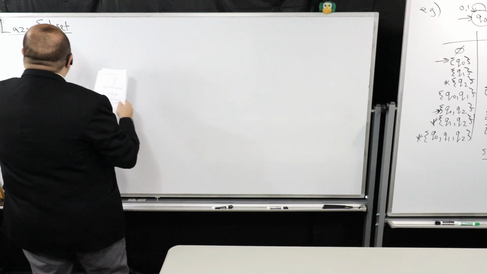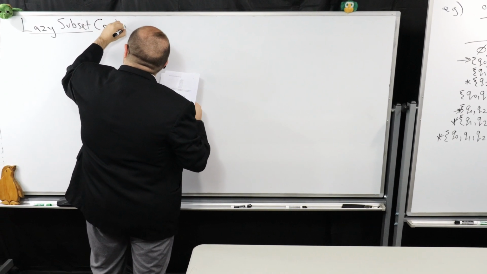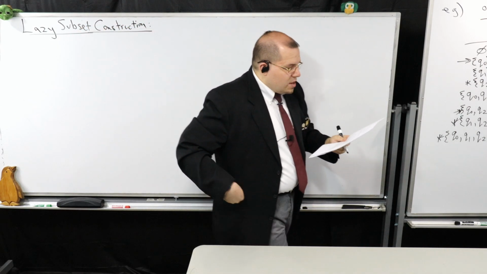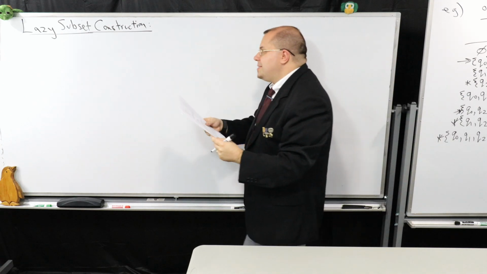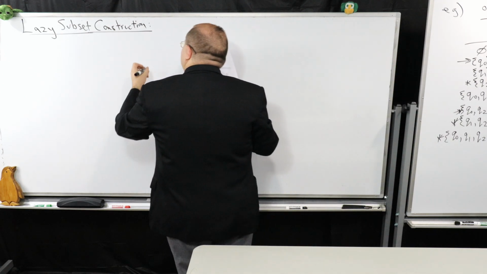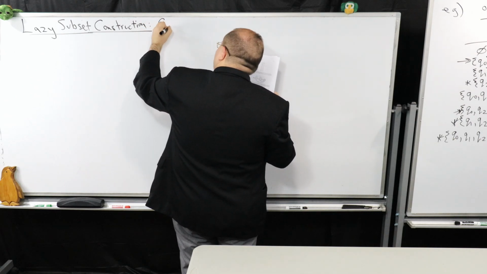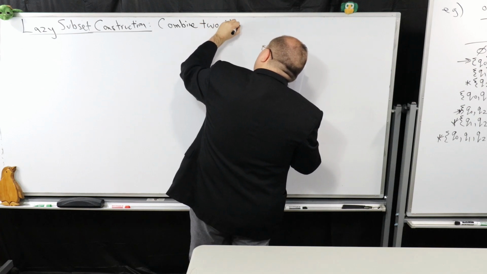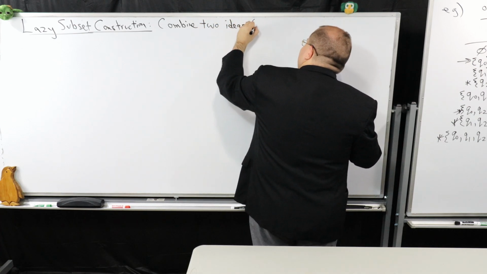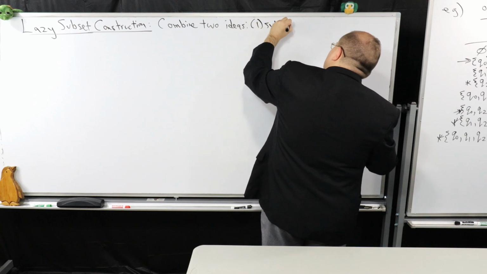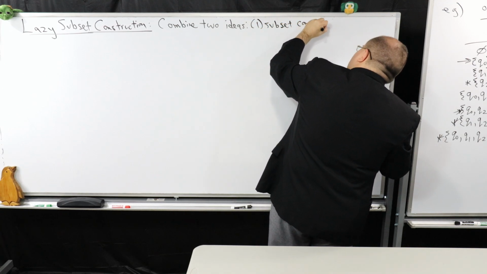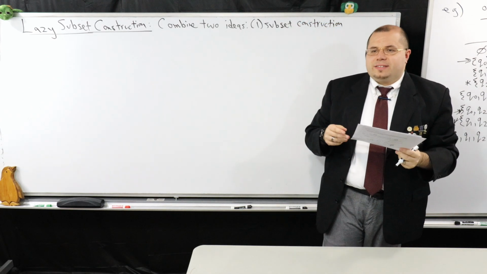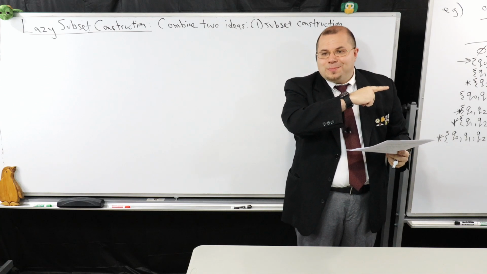Lazy subset construction. I put more details in the notes if you want to read them more carefully, but I'm going to combine two ideas. The first one, I'm just going to take this subset construction, and I want you to observe a property that was interesting in its own right when we filled in that table over there.